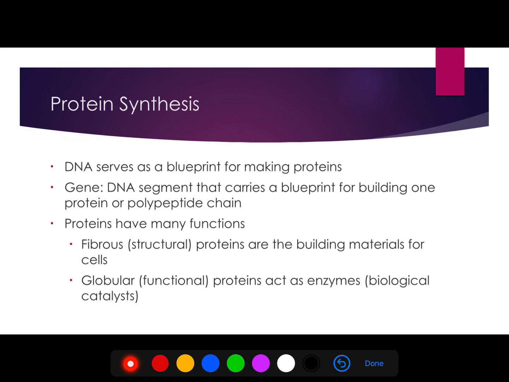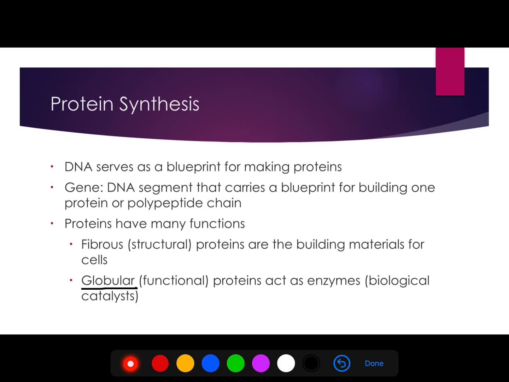Now, we know that we have many different types of proteins in the human body. Some of the proteins are what we call fibrous, which means they're kind of like fibers. They're string-like, rope-like material. Those are typically used for forming a structure within a cell, so helping form a framework within a cell. Globular proteins are the functional proteins.